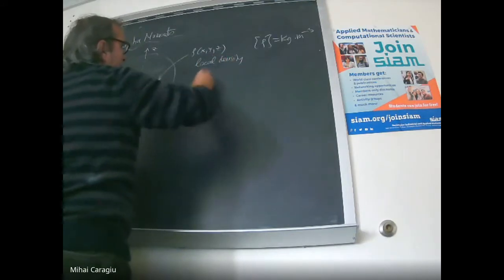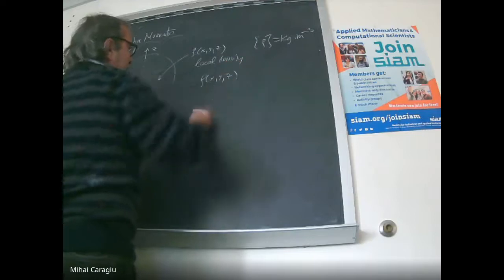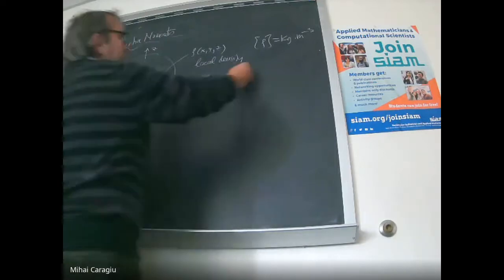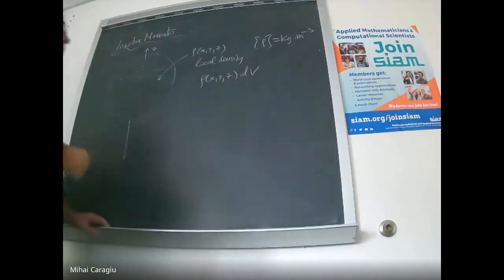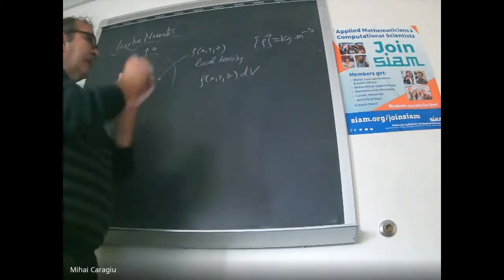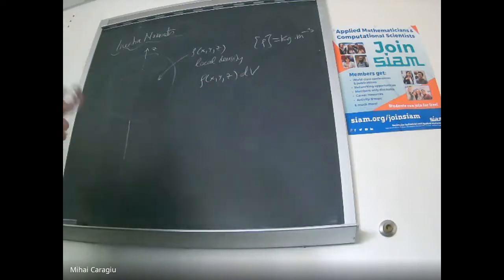In other words, if you multiply the local density, the density around the point x, y, z, with the volume element dV, we get volume times density, which is mass. But what mass? The mass of a tiny grain of matter around the point x, y, z. So this will be dm.